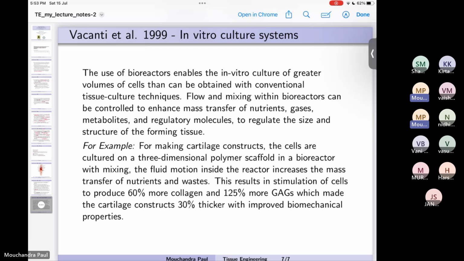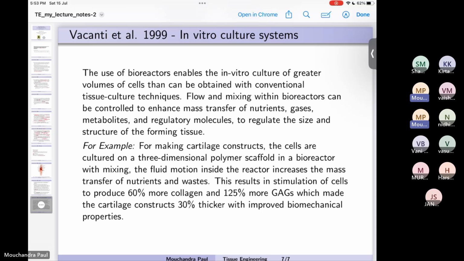All right, so the mechanical property, as I said, should match the mechanical property of the surrounding tissue. So you are going to implant it on the injured area. So the surrounding tissue and the implanted tissue should have a similar mechanical property. Otherwise, engraftment won't be happening very well.